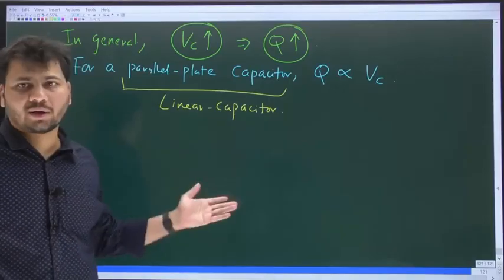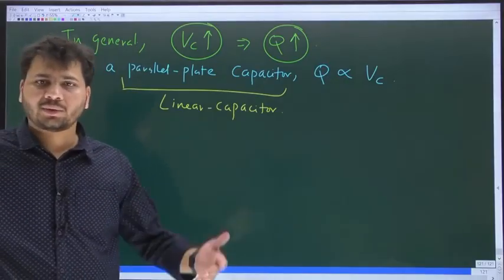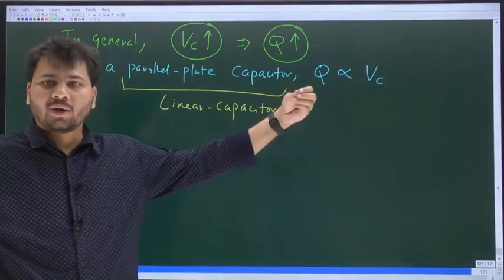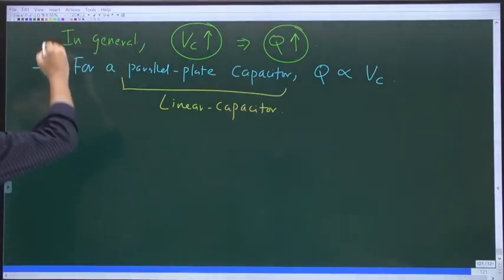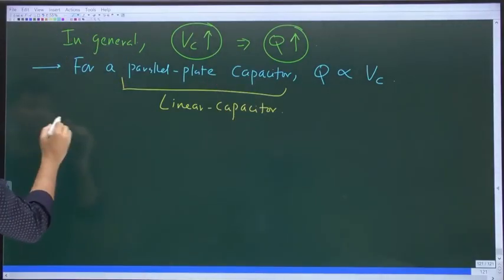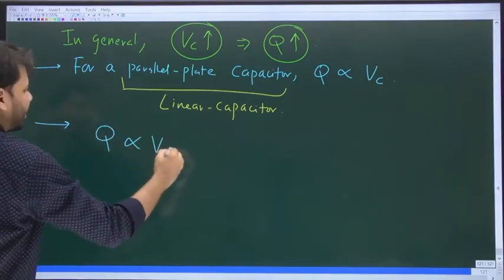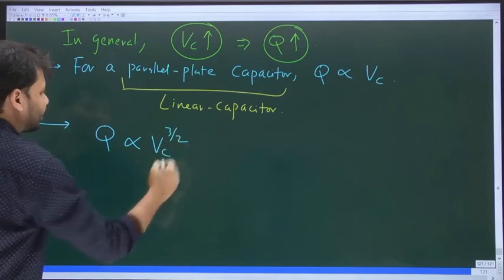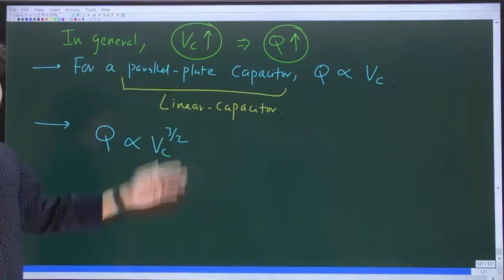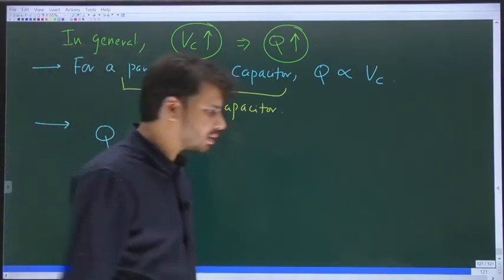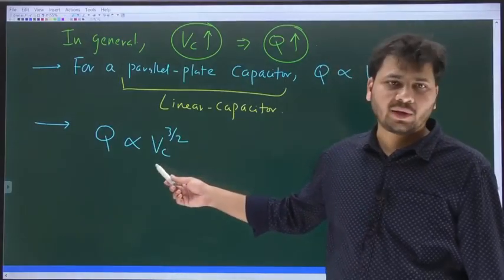Now, you could also have the more general case where Q can depend on VC in any arbitrary fashion. Look at this. Let us say Q is proportional to VC power 3 by 2. There is some other capacitor, not the parallel plate capacitor, for which the charge stored depends on VC like this.